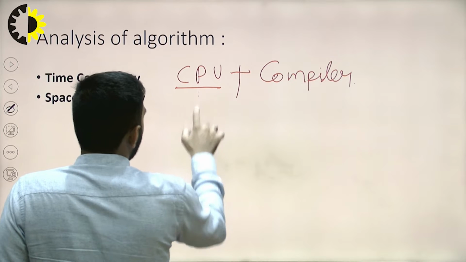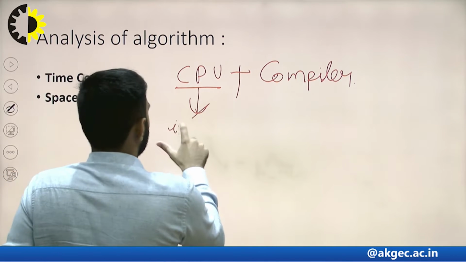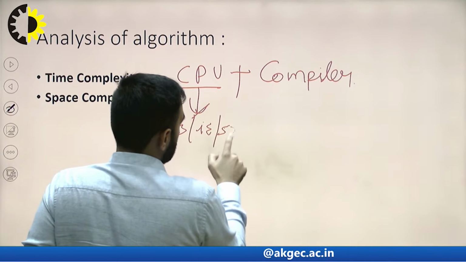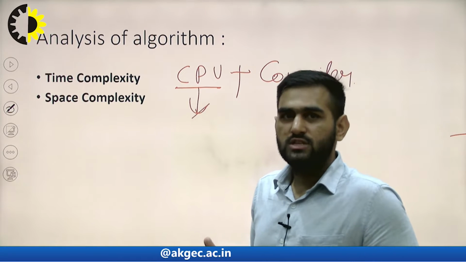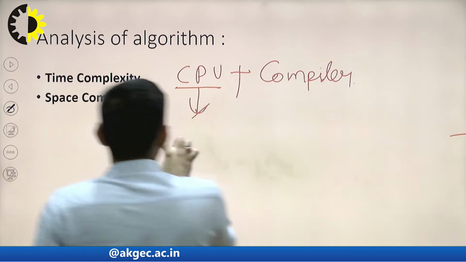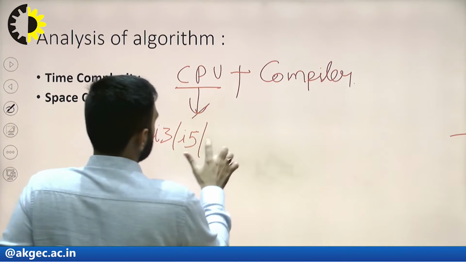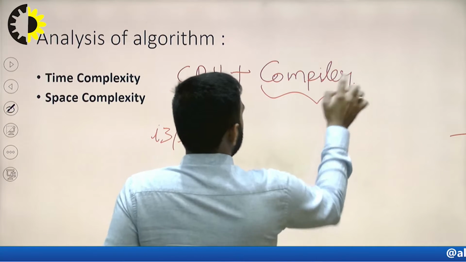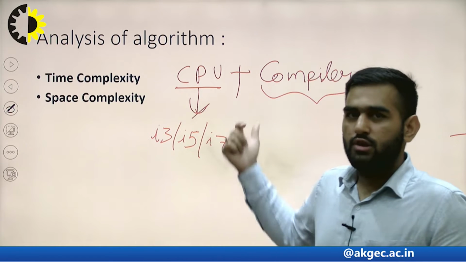CPU time is which processor we are using, generally i3, i5, i7. Next, what is compile time? The time which the program takes to compile is called compile time.